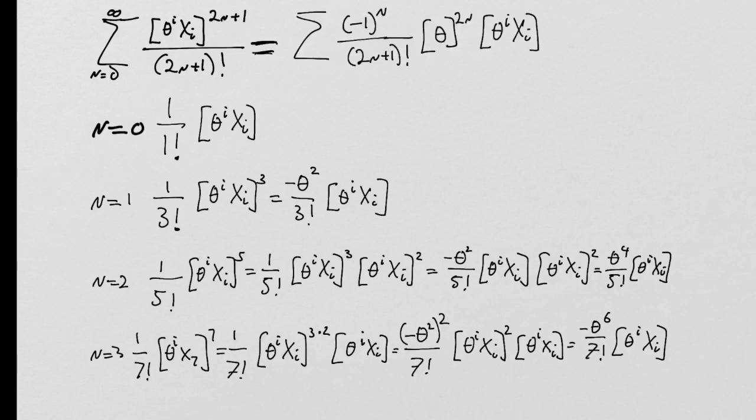So it looks like we get an expression that looks like this to match our pattern, right? The minus sign is there for every odd value of n. So we have this minus 1 to the n up there. Then we have this 2n plus 1 factorial. We have theta to the 2n in all of these spots, right? 2, 4, 6.